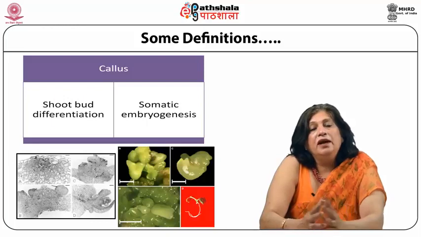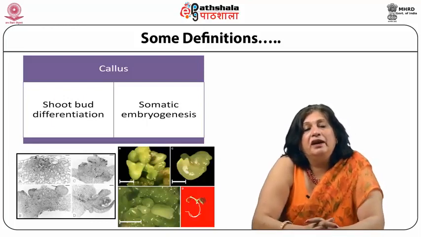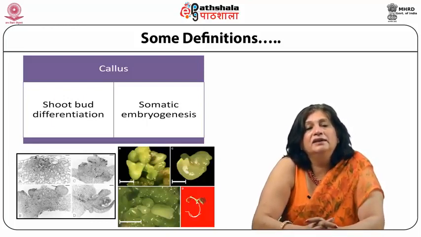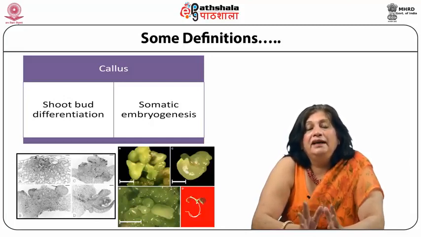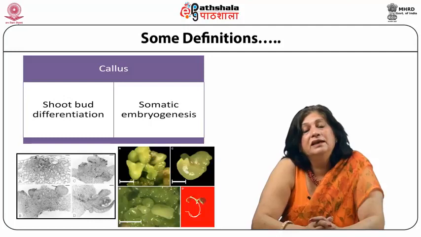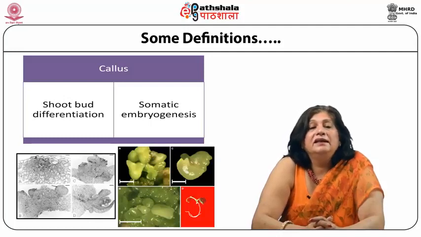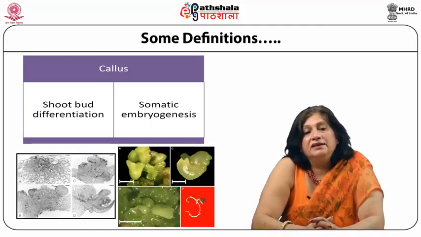What I'm trying to show in this photograph is how the shoot bud differentiates. It's the unorganized mass of cells which gradually gets organized and then gives rise to shoot buds. Another possibility, which we will talk about more in a later chapter on somatic embryogenesis, is that it starts forming embryo-like structures.